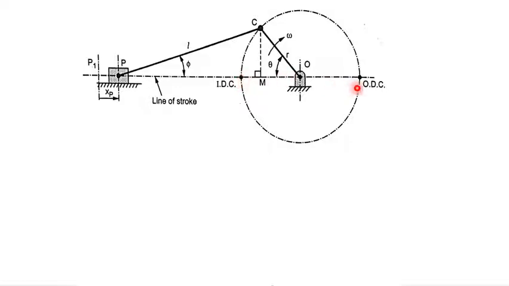These are the two extreme points, inner dead center and outer dead center, and this is the slider P, which slides along the line of action or line of stroke. Sometimes we call it the line of motion.